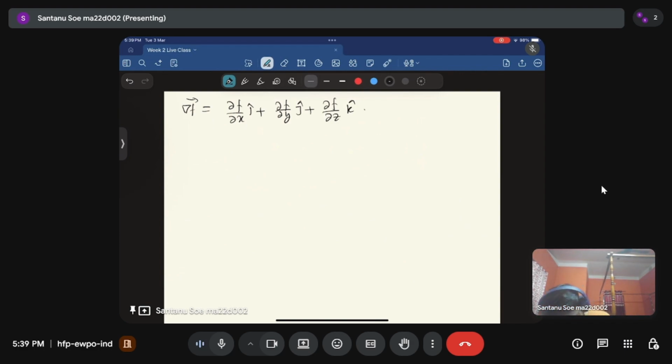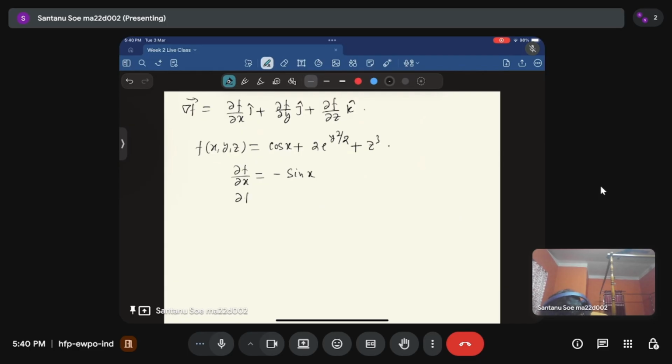So f is given like this: f of x y z equals cos x plus 2 e to the power y square by 2 plus z cube. So del f del x is just the derivative of f with respect to x, treating all other variables as a constant. In this case, del f del x will be minus sin x.